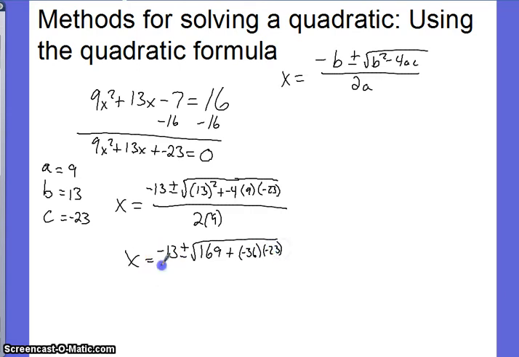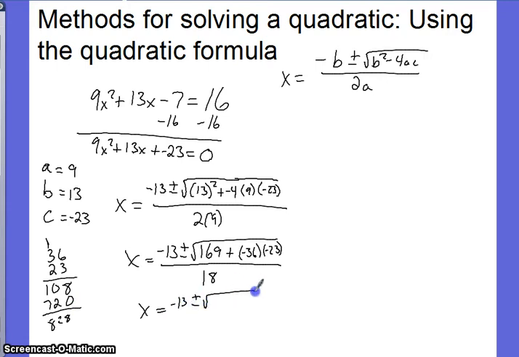And I'm not Mr. Paul, so I can't do that in my head. So I'm going to go over here on the side. 36 times 23 is 828. So I get x equals -13 plus or minus the square root of 169 plus 828 all over 18.